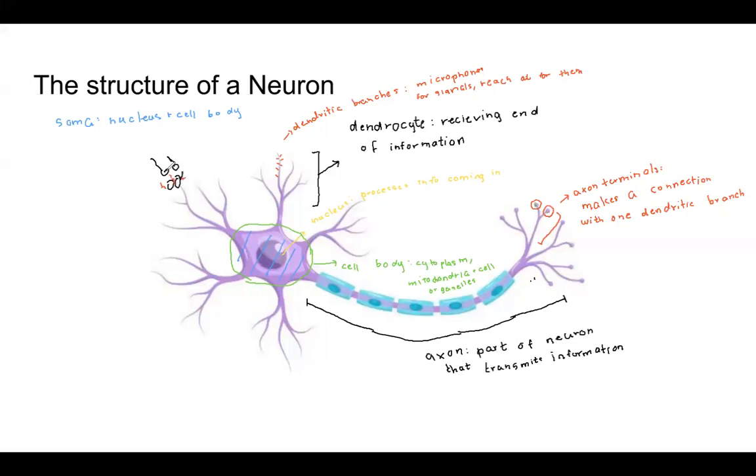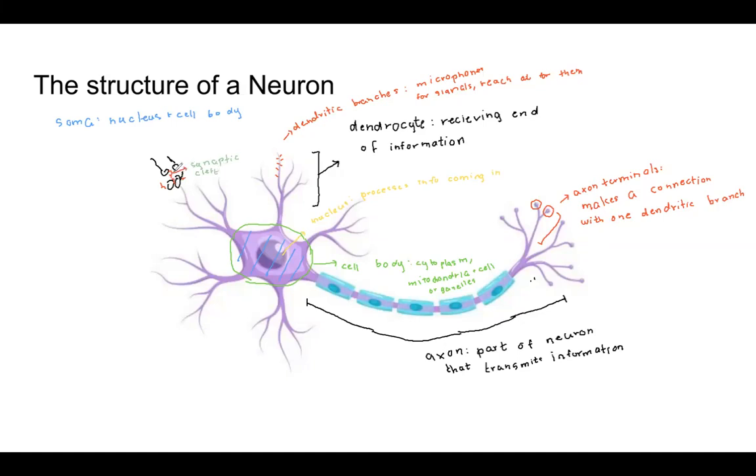So what will happen is for the signal to pass from this axon to the dendritic branch, there's actually a really, really small gap between them, which is called, let's use a different color. I actually find that colors help me remember more, so that's why I keep switching colors. So that small gap is called the synaptic cleft.